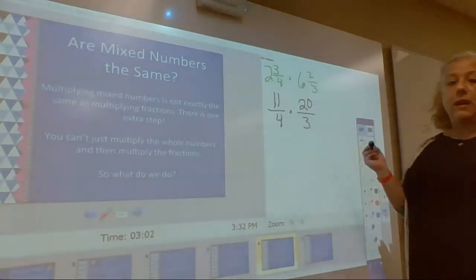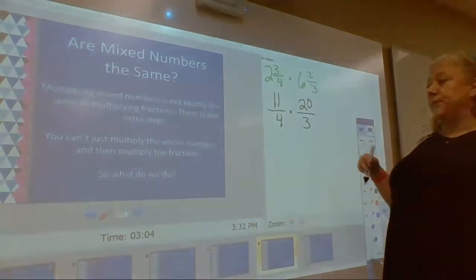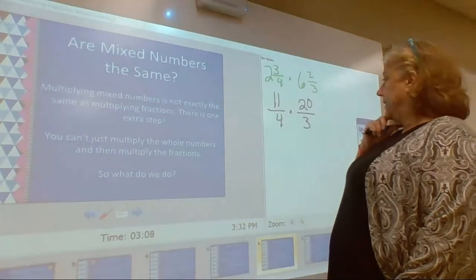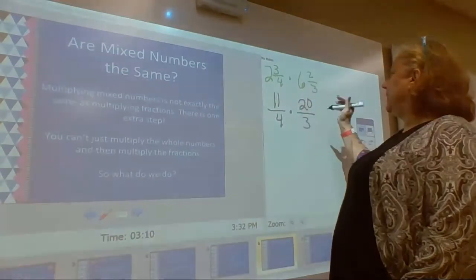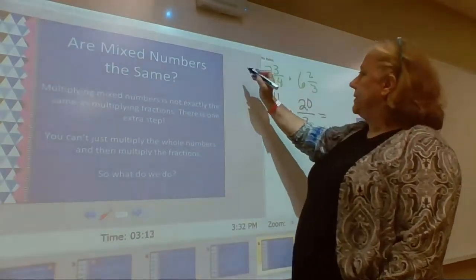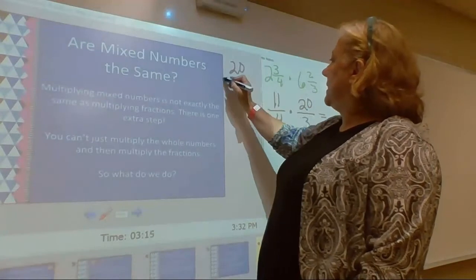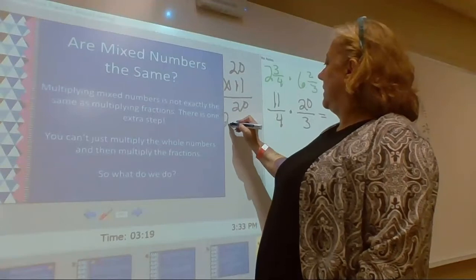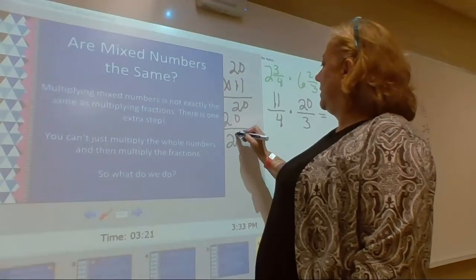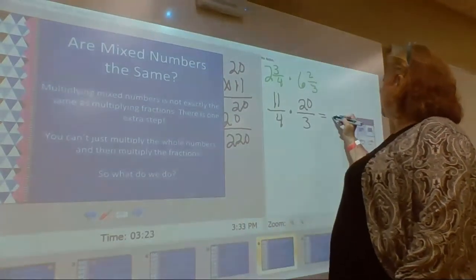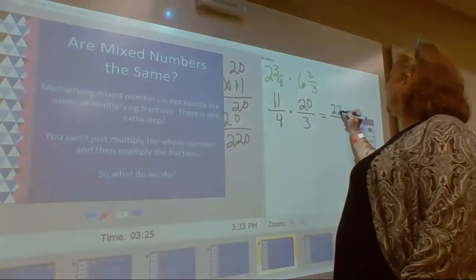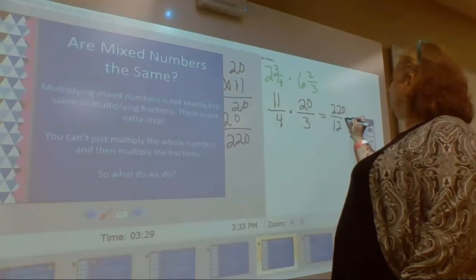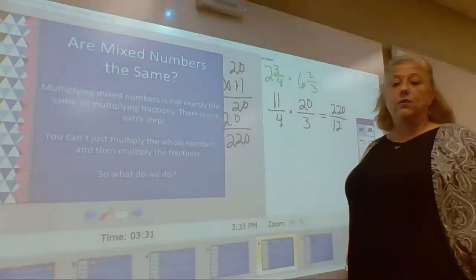Now, if we look at this problem, we could do this one of 2 ways. The first way I'm going to do it is without cross-simplifying. I would say 11 times 20, so that would be 220. So I'd have 220 over 12.